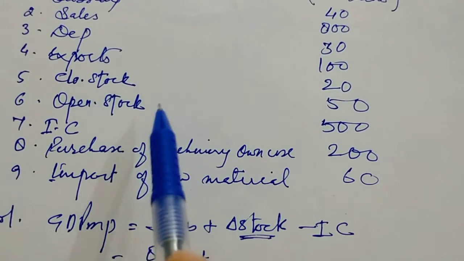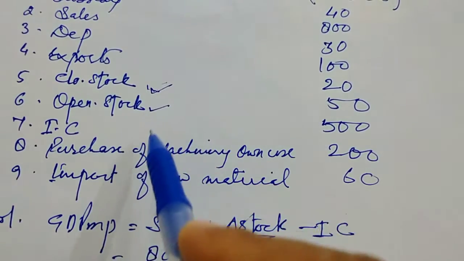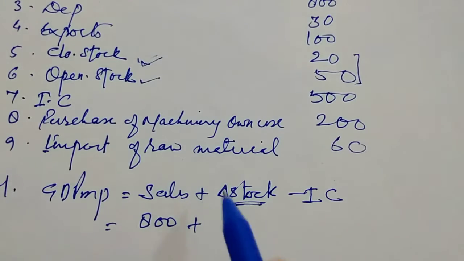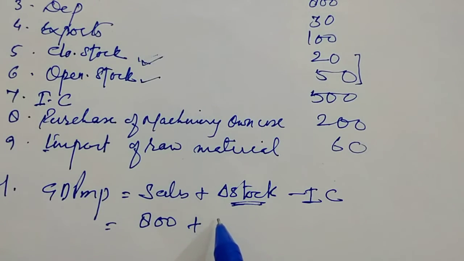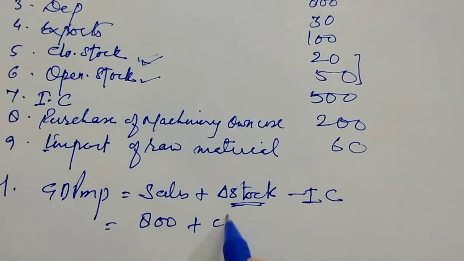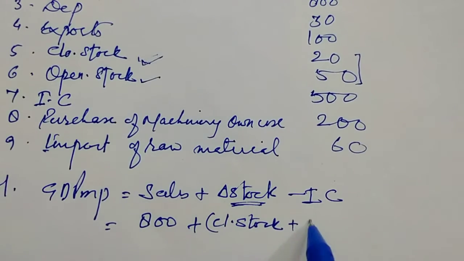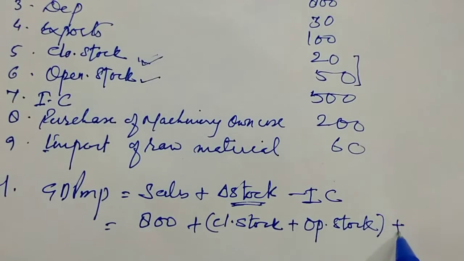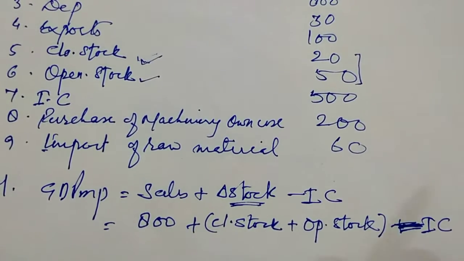Instead of delta stock, closing stock and opening stock are given, so we'll take these two values. First closing stock, then opening stock. In this way you can understand what values I need to calculate. Last is minus intermediate consumption.